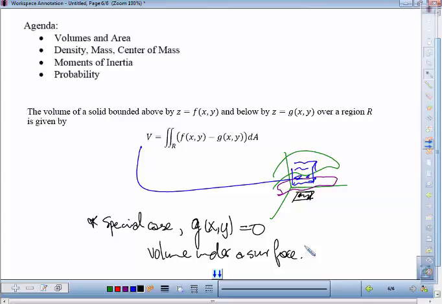Now let's talk about the area. I think the area should have been the first thing we talk about, but this idea of the area is a little bit trickier to grasp.